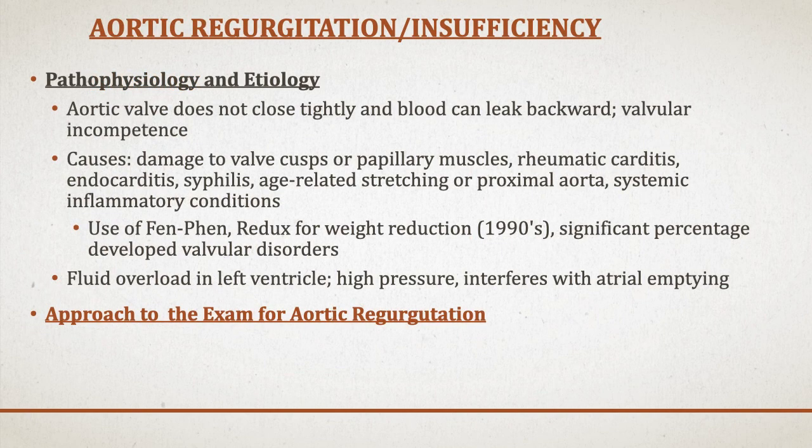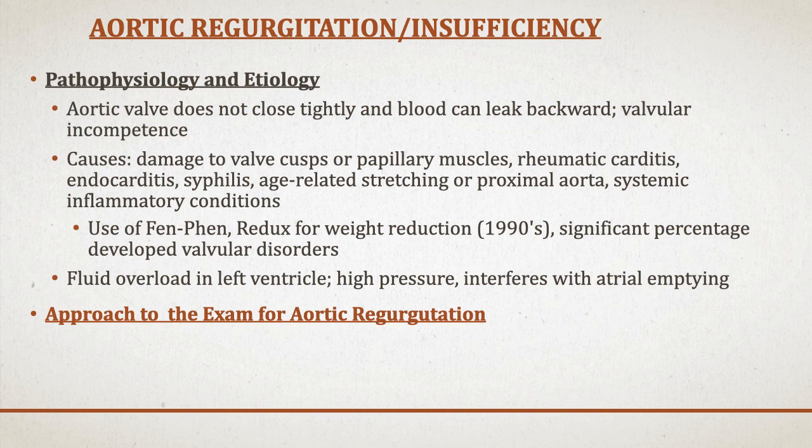So now we're going to move from aortic stenosis to aortic regurgitation, also known as aortic insufficiency. So this is when the aortic valve does not close tightly and blood leaks backwards. Valvular incompetence is also a term that we use with that.